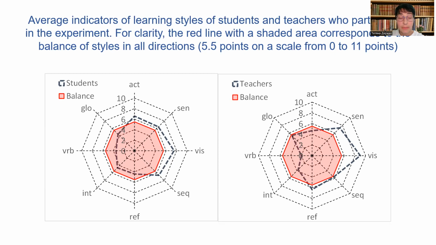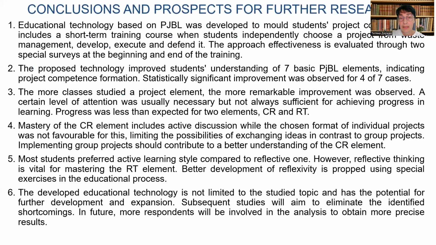This factor has become the reason for slowing down progress in mastering RT. The development of reflexivity due to the implementation of the proposed special exercises in the educational process is promising for eliminating the identified deficiency. The next slide demonstrates our conclusions and prospects for future research.